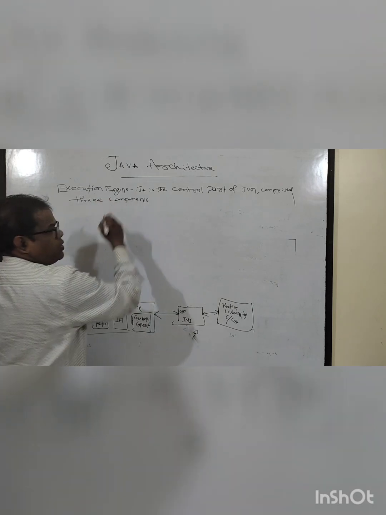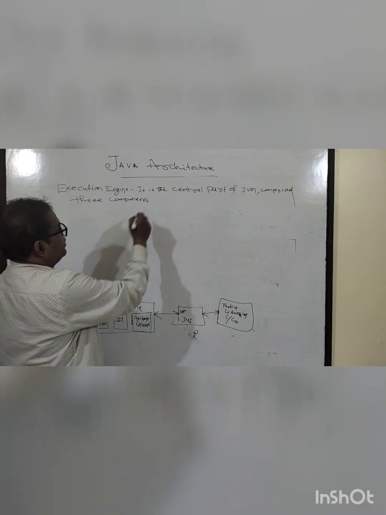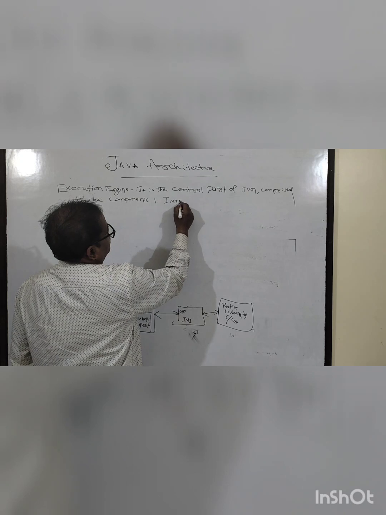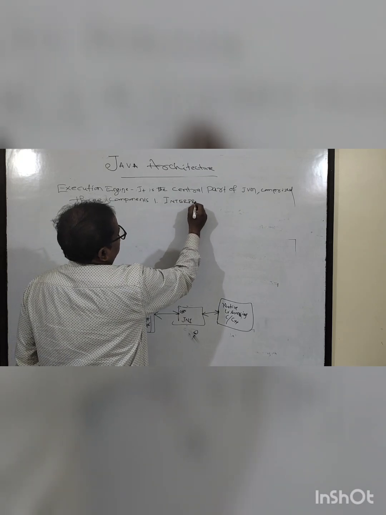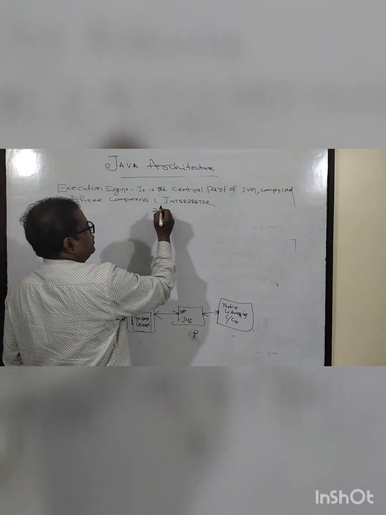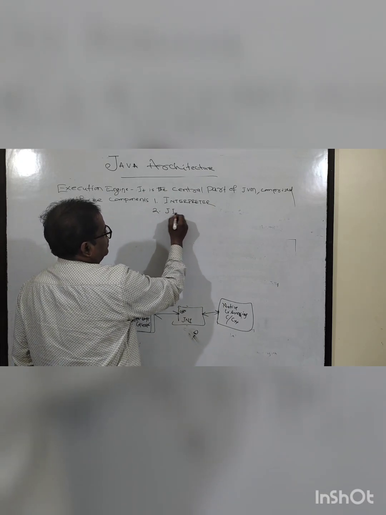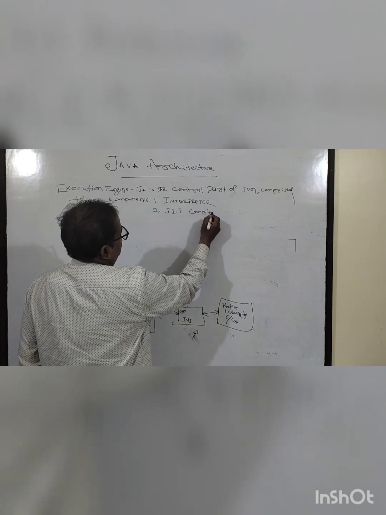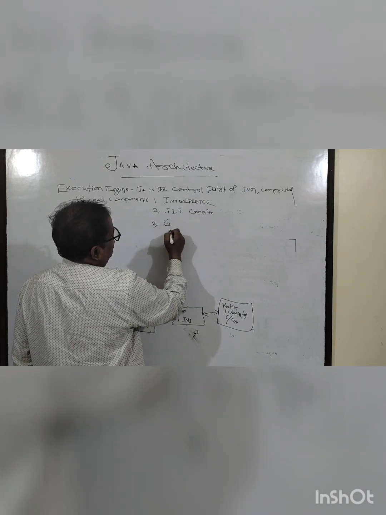Number one is the interpreter, number two is the JIT, the just-in-time compiler, and number three is the garbage collector.